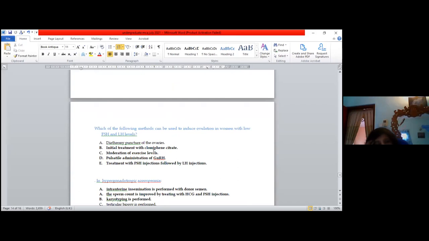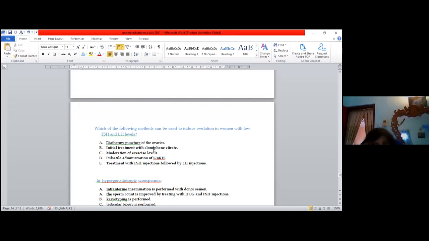Which of the following methods are used to induce ovulation in women with low FSH and LH levels? Initial treatment with clomiphene citrate is correct. That's the first line treatment. Diathermy to ovaries is only for PCOS, and there are no low FSH and LH levels.